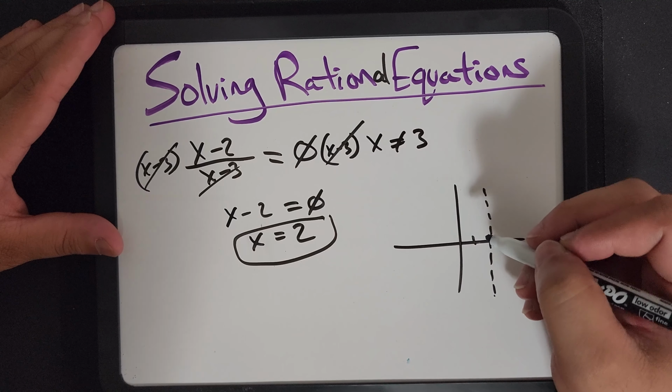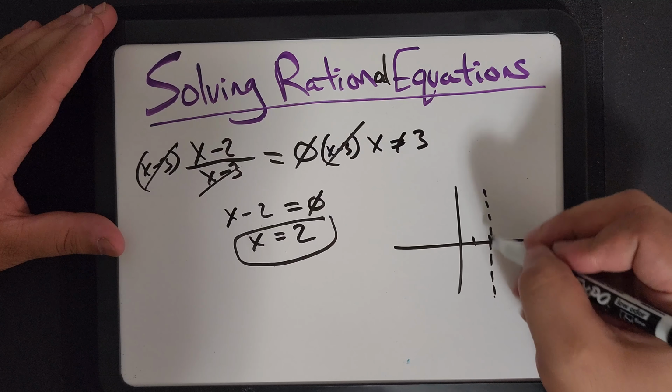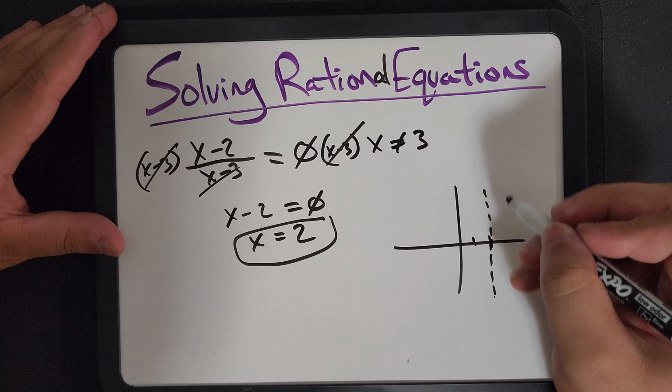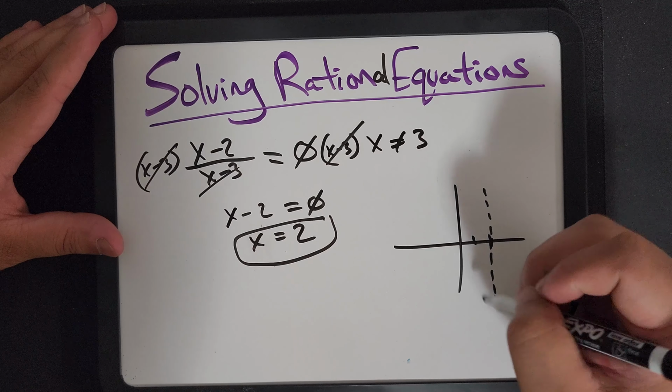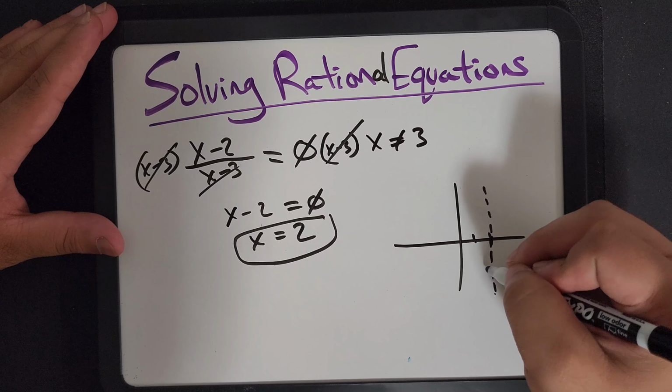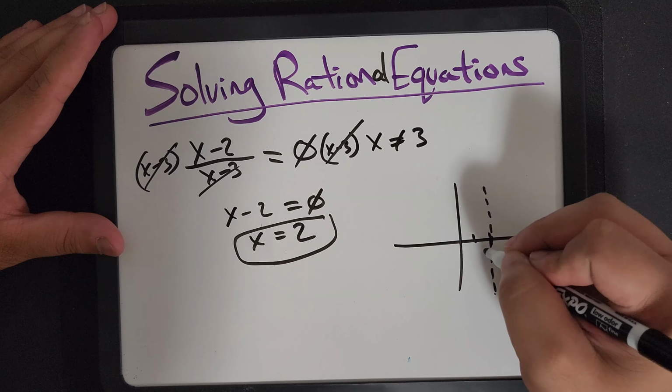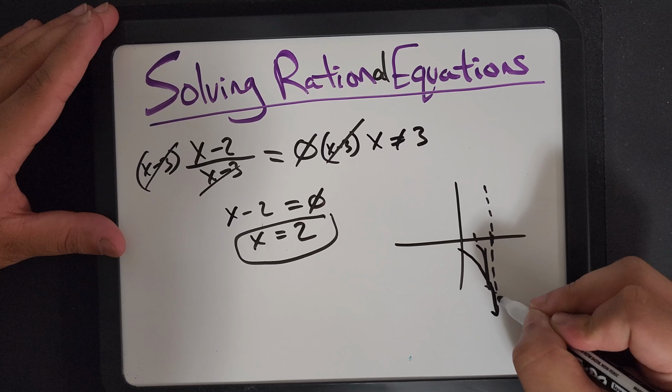I don't know if we ever discussed asymptotes, but basically it's an imaginary line that a function gets infinitely close to, but it will never touch it. It'll keep getting closer to it, but it'll never touch it.